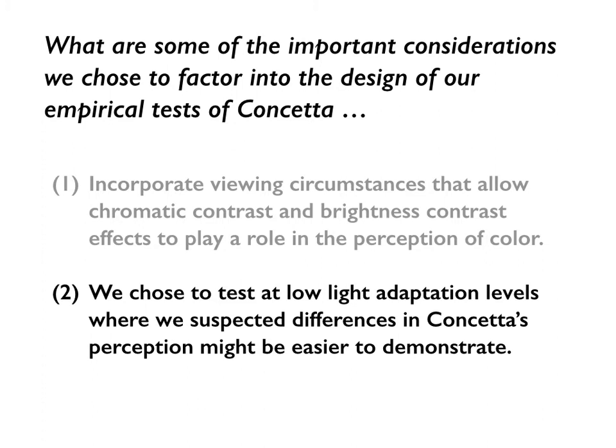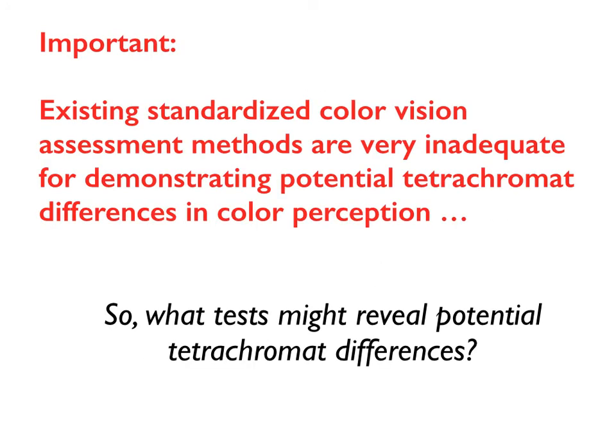A second factor that we chose to include in the design of our empirical test for Concetta involved using low light adaptation levels where we suspected differences in Concetta's perception might be easier to demonstrate. The reasons for all the discussion about the tests to use to show Concetta's potential tetrachromatic difference is that most of the off-the-shelf types of tests that are out there are very inadequate for demonstrating potential tetrachromacy differences in color perception.